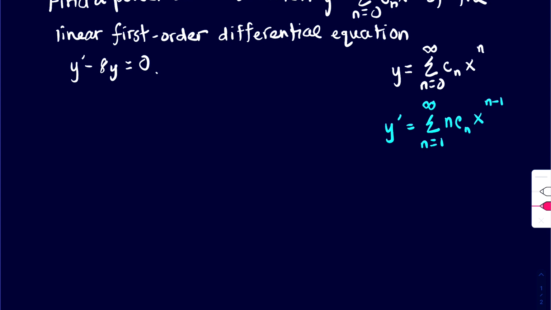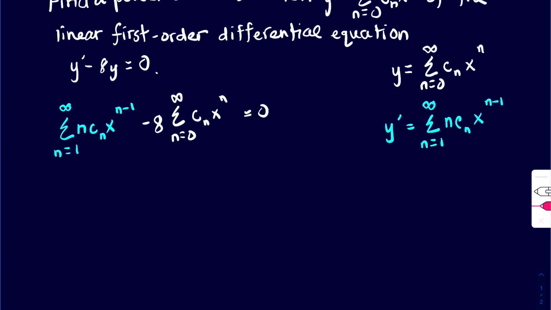So just substituting y prime and y into the equation that was given, we will have this summation from n is 1 to infinity of n times c sub n times x to the n minus 1, minus 8 times y, which was the summation as n goes from 0 to infinity of c sub n times x to the n, and that's all equal to 0.